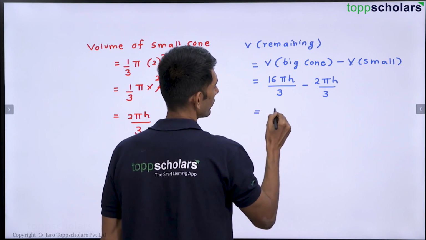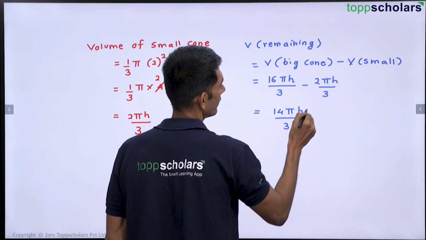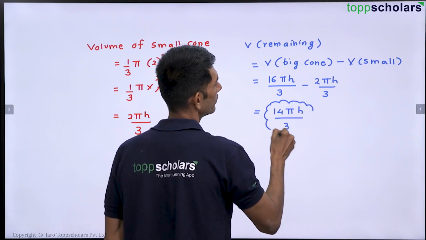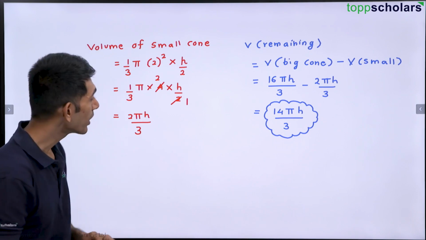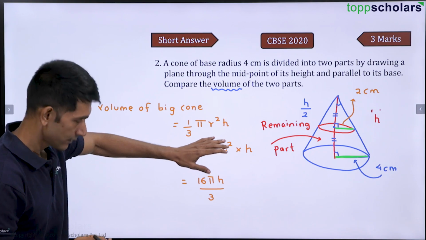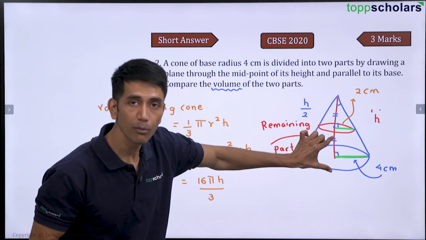So that is 14 pi h by 3. This is the volume of the remaining part, and that is exactly what we need to compare now. We are going to compare the volume of the cone with the volume of the remaining part.